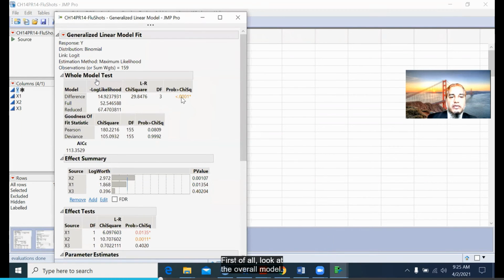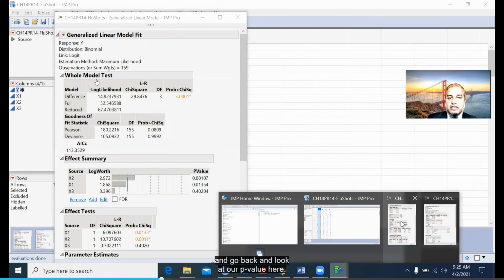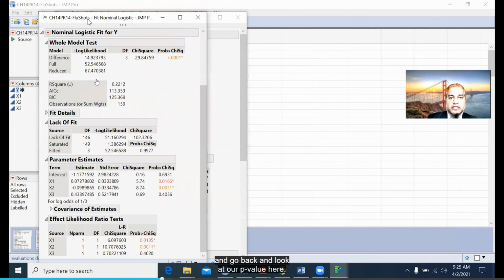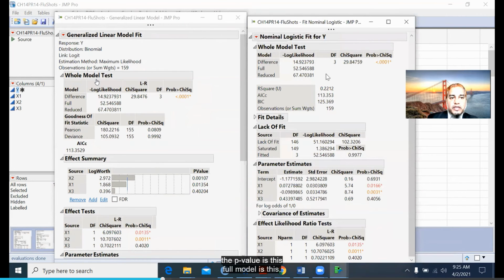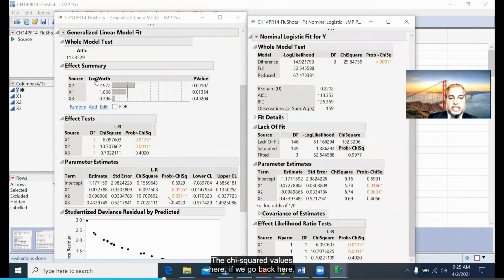First of all, look at the overall model. The p-value is this one, and go back and look at our p-value here. If I put them side by side, the p-value is this, the full model is this, the reduced model is this. The chi-square values here, if you go back, are the same.